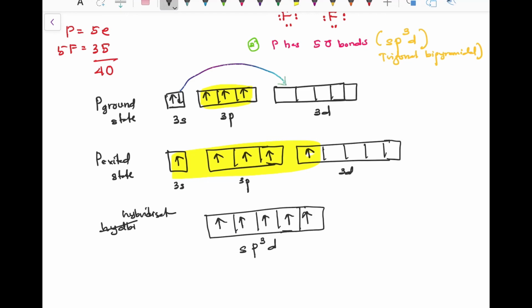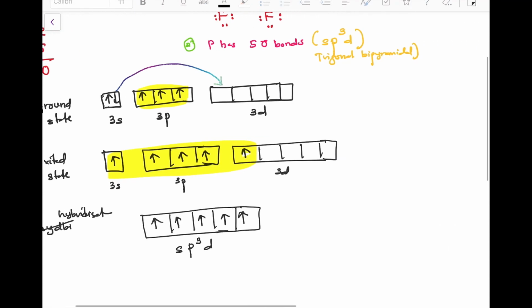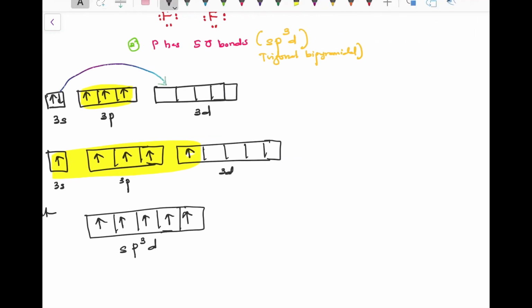The phosphorus orbitals will overlap with fluorine. So for fluorine, we write the fluorine ground state, which has 7 electrons in the valence shell.